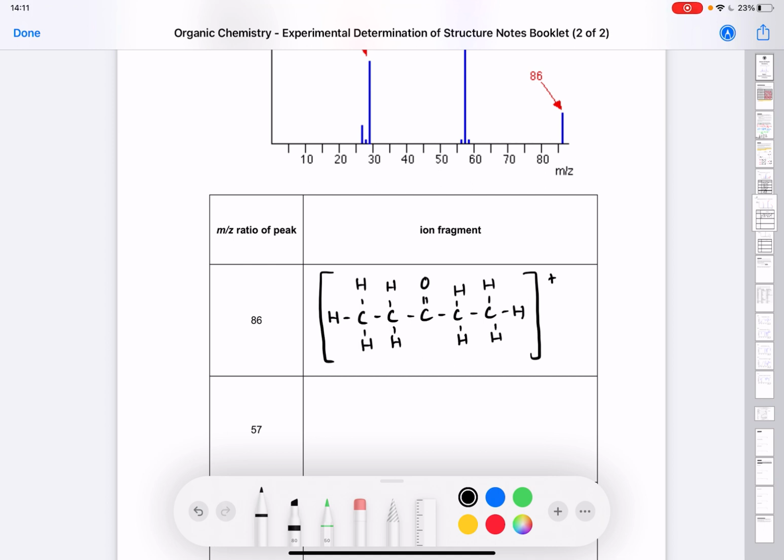So for this one here, what we could maybe do is look at breaking this bond here. So if we were to break that bond there, then the fragment on the left would have a mass of 71, which is not one of the peaks that we're looking at. So let's consider breaking that bond there.